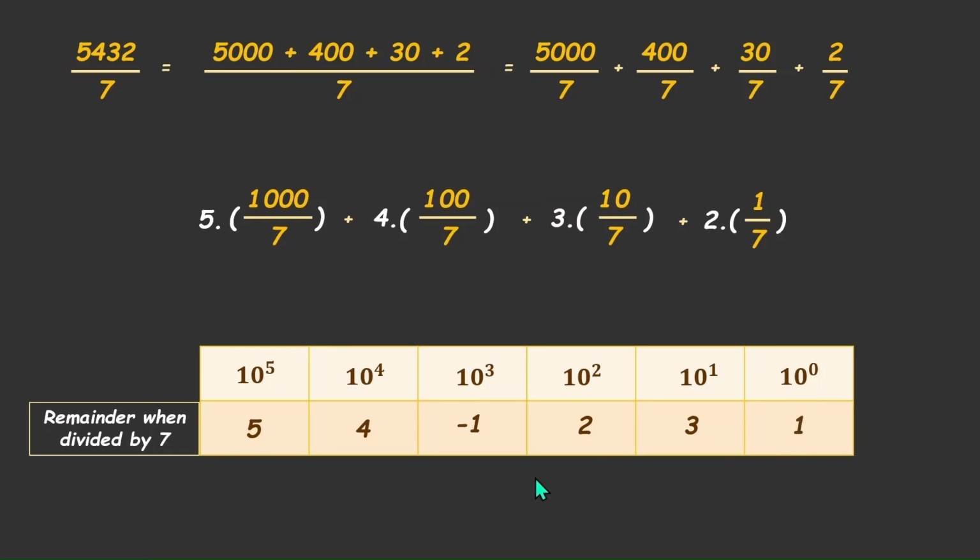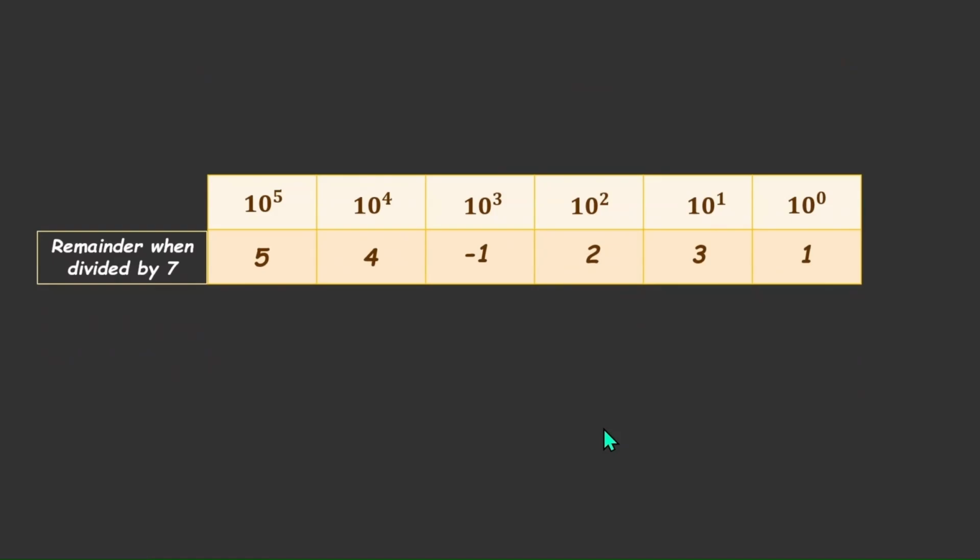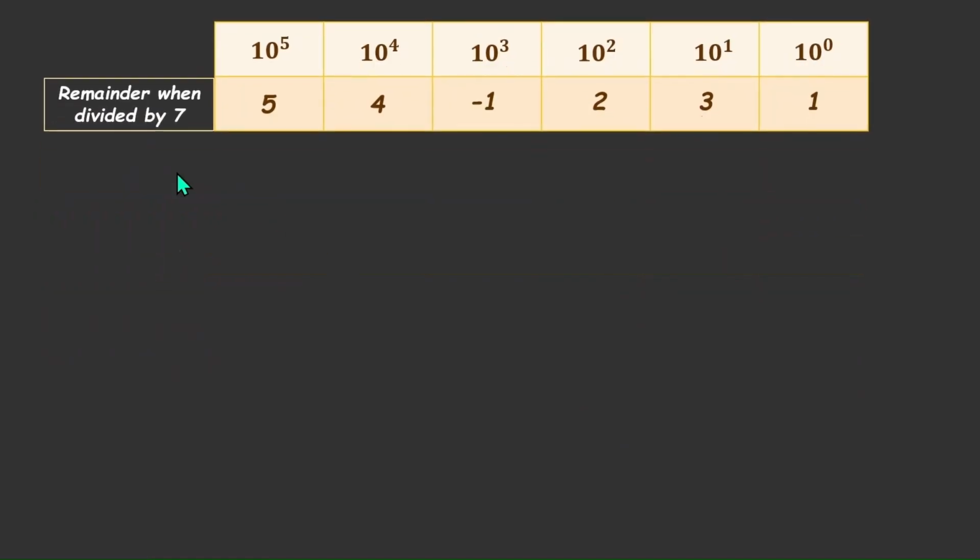And now let's look into it. So our number here, 5432, would be when 5 is multiplied by 1000 plus 4 is multiplied by 100 plus 3 is multiplied by 10 plus 2 is multiplied by 1. So let's find the place values for our number 5432.